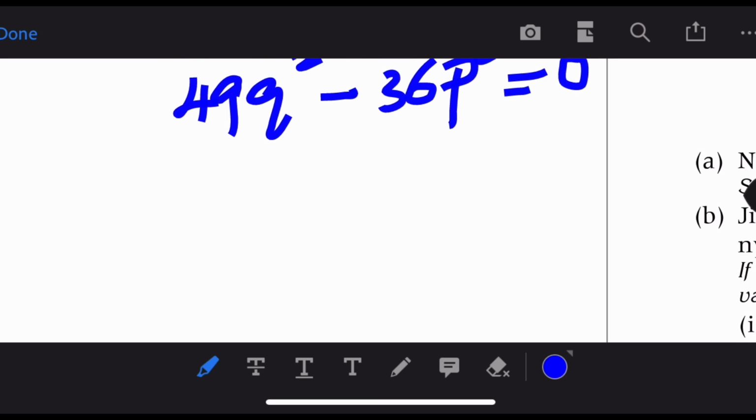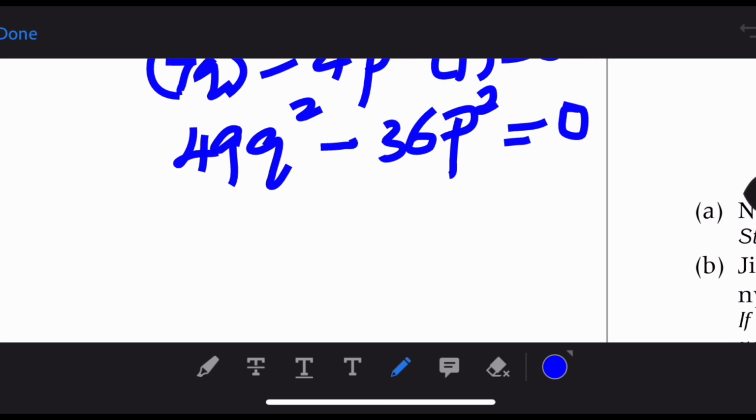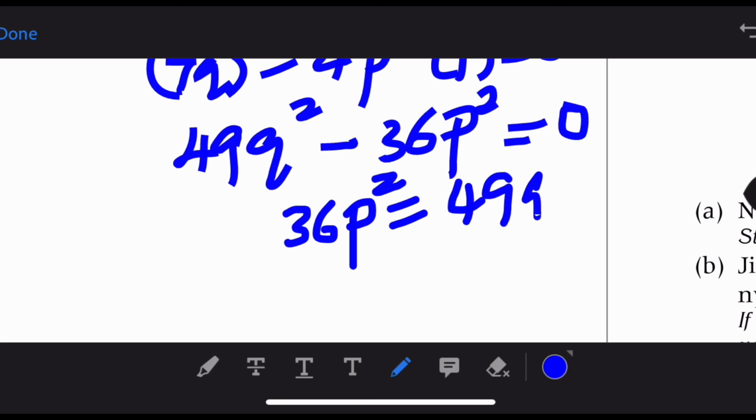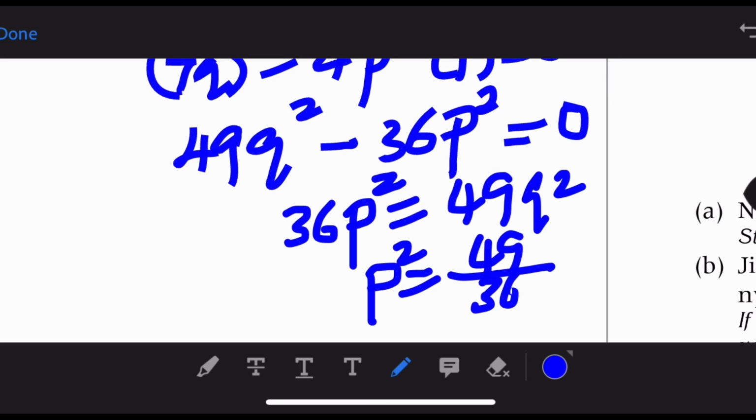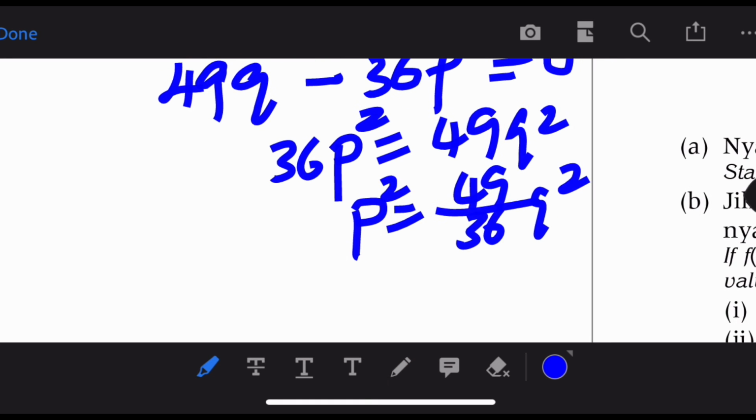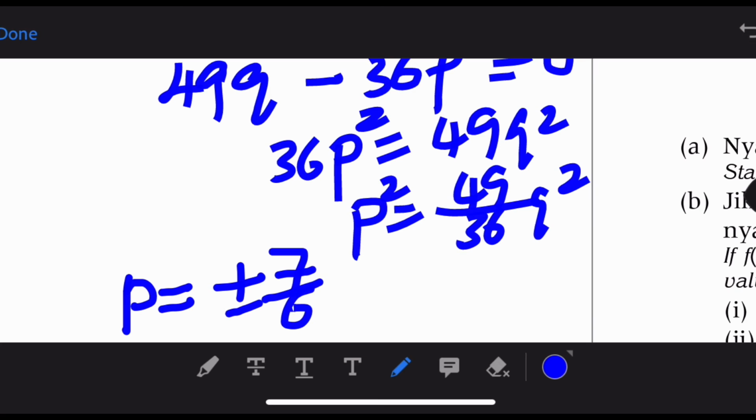So we have to write down p equal to how many q first. That means 36p squared equals 49q squared. So p squared is 49 over 36 q squared. If I square root, I will have plus minus 7 over 6 q.